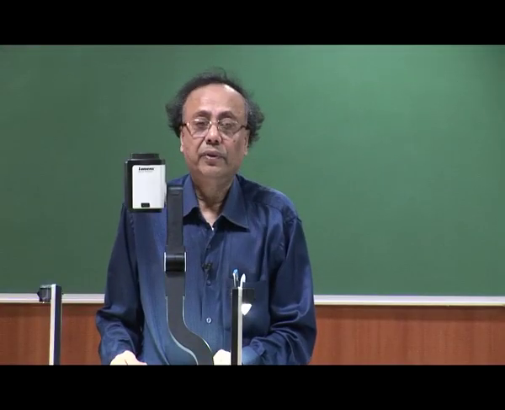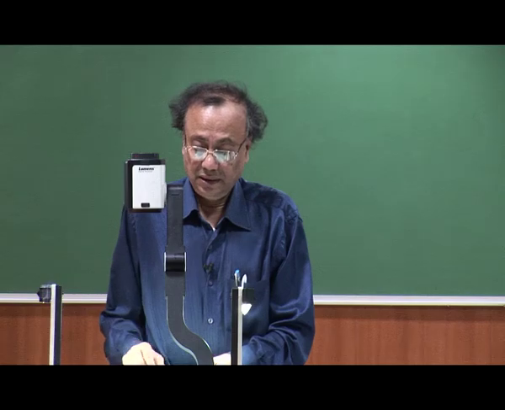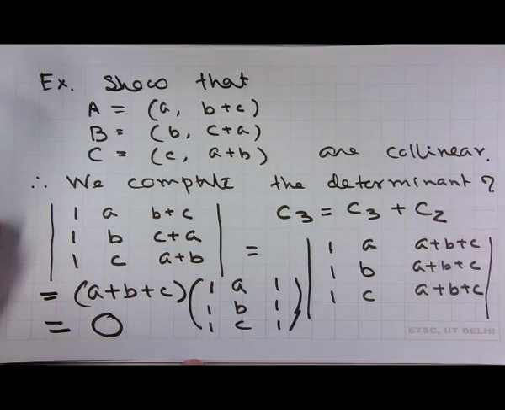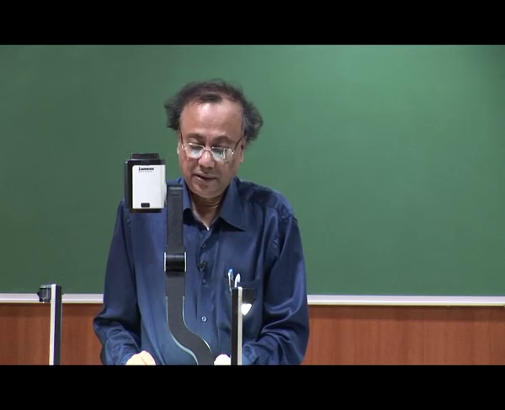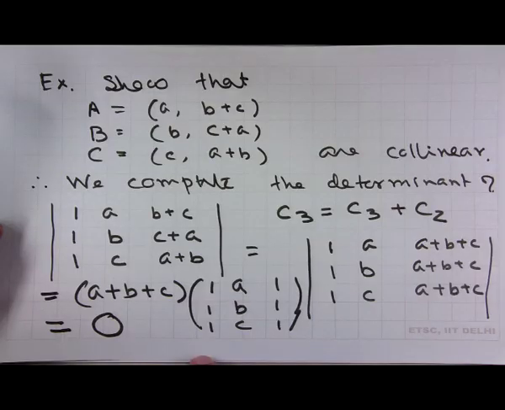Therefore, we can see that these 3 points are collinear, as the triangle formed by these 3 points has area equal to 0.